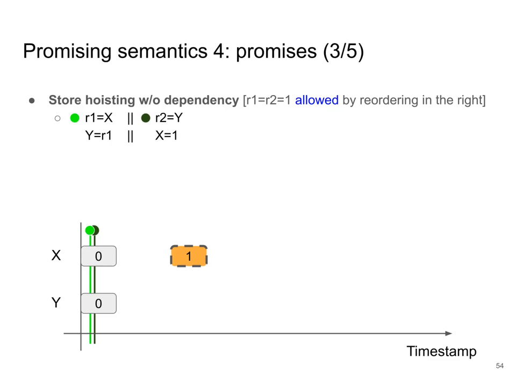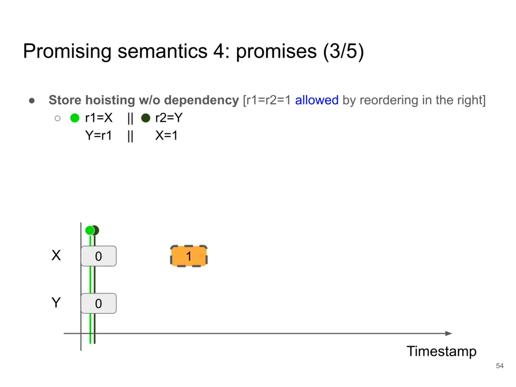It is the only thing you can do to get this behavior, because if you read first, you're going to get the value 0, and as a result you cannot get the behavior in question. So the only action enabled by the promising semantics is promising to write x equals 1 by the second thread.